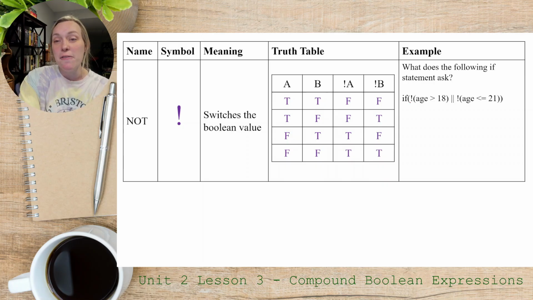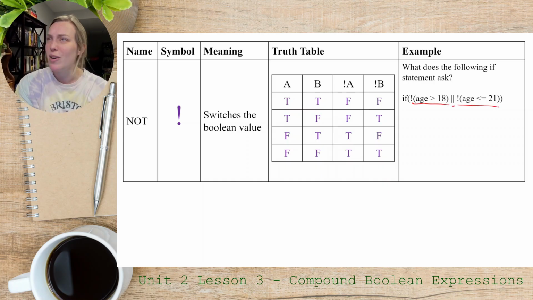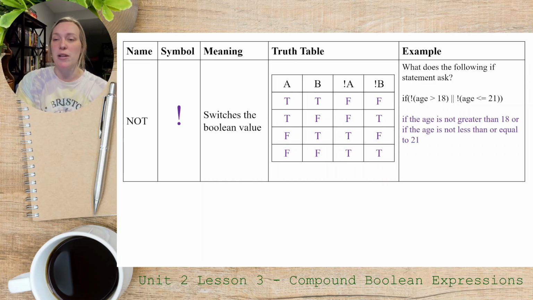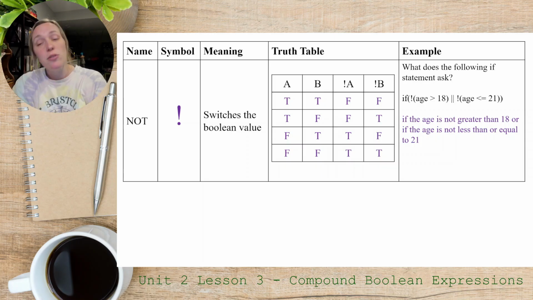If not age greater than 18 or not age less than 21. What is that saying? It's saying if your age is not greater than 18 and not less than or equal to 21, then you're going to do something.